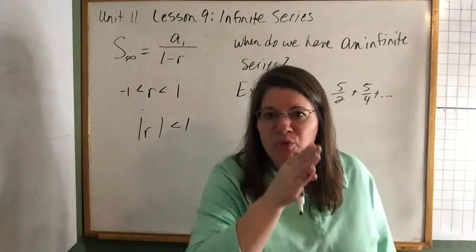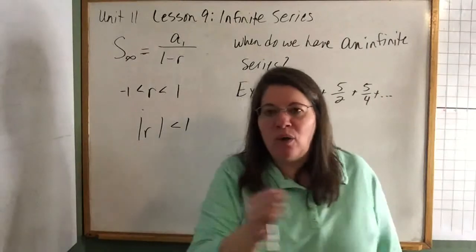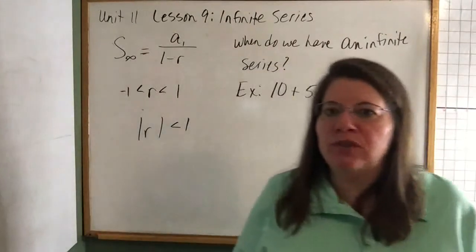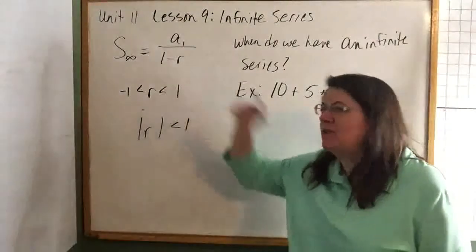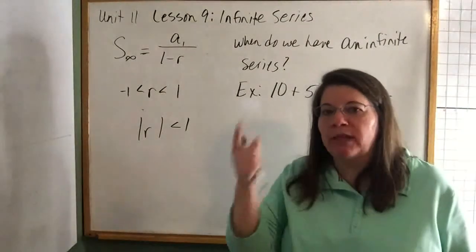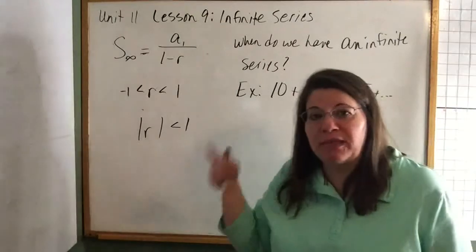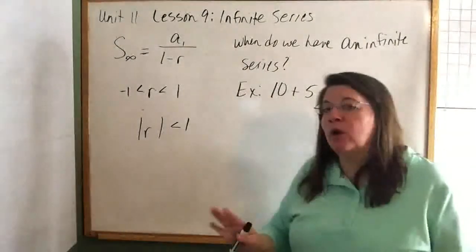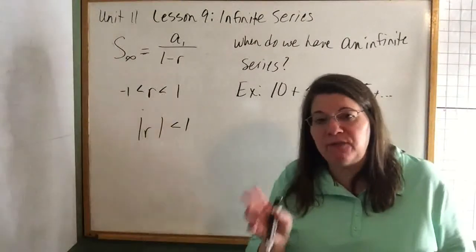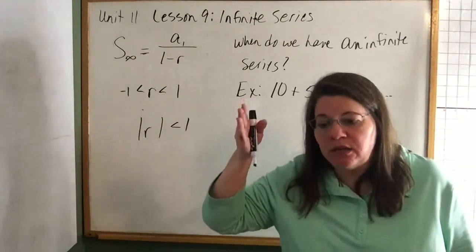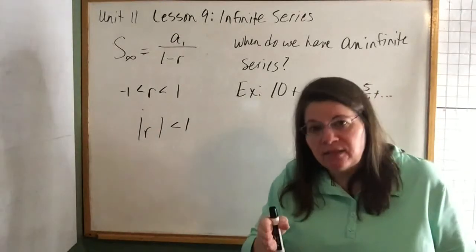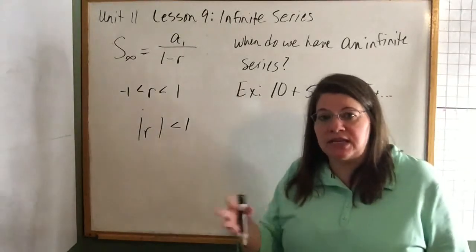It comes to a stop so we can figure out what that total distance it traveled is. So it is kind of confusing by name because in an infinite series, it stops. And normally when we think of infinite, we think of something that doesn't stop. Okay, so an infinite series is a series where we can specifically figure out a number that is associated with the total distance that series contains.